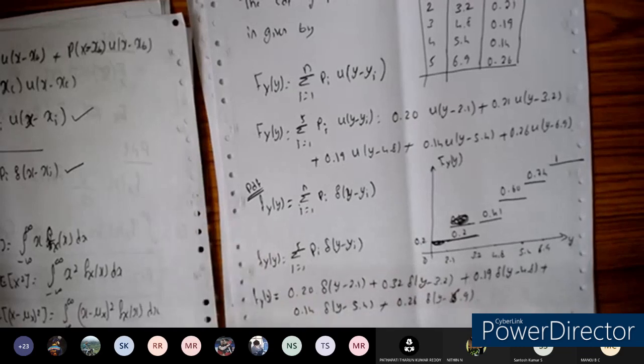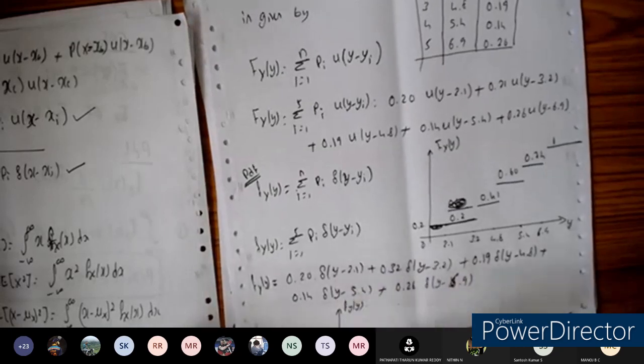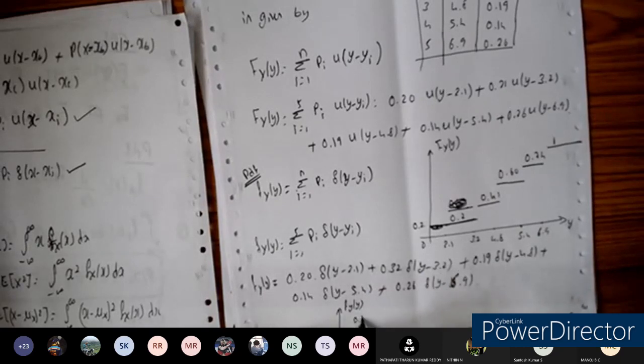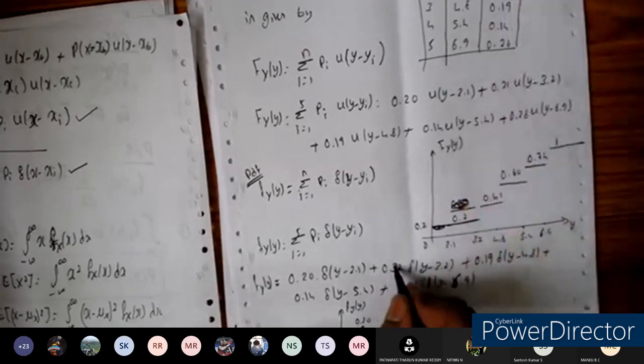The PDF. So let us plot the corresponding PDF at the corresponding values of y here. At y equal to 2.1, it is 0.20. At 3.2, sorry, it is 0.21.